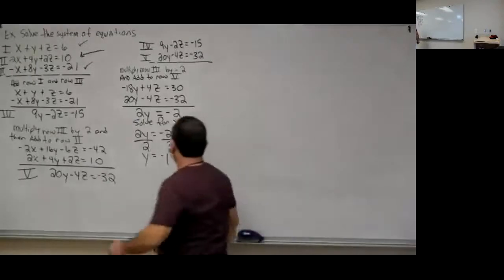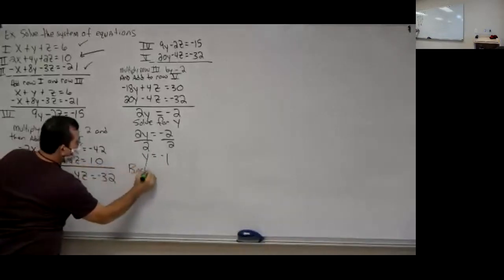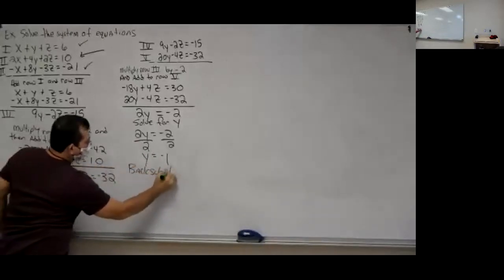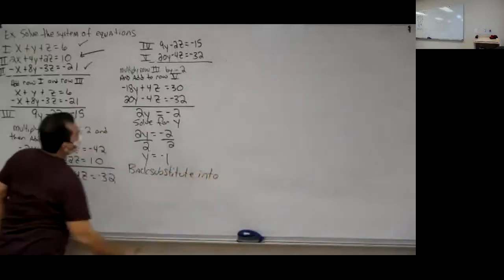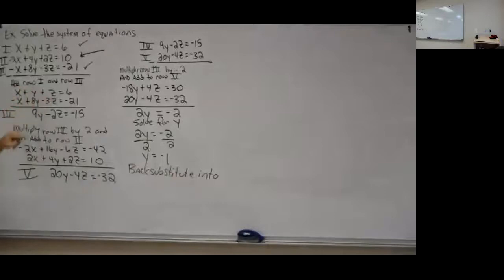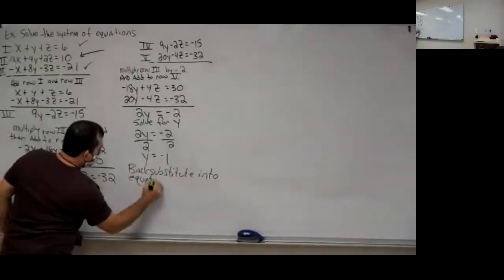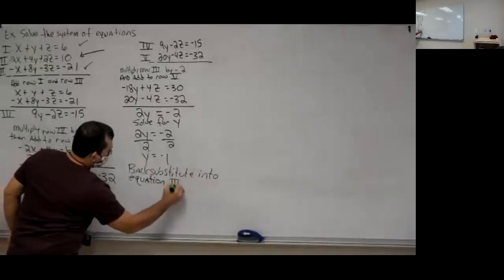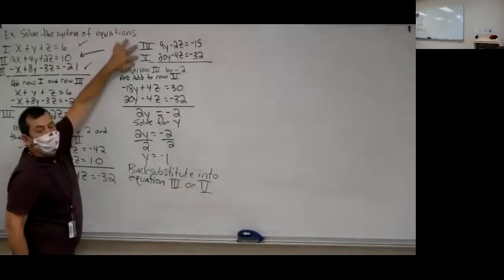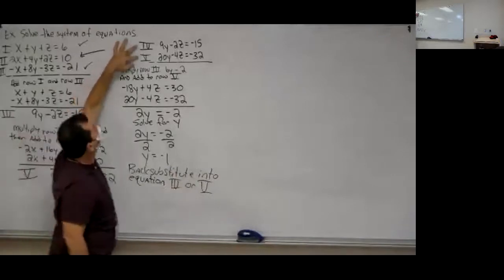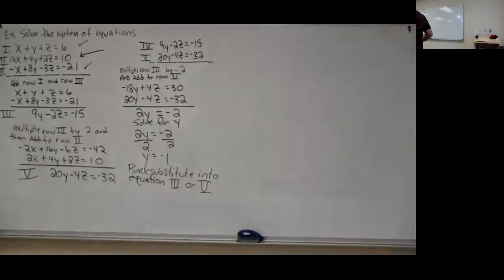All right. So this has now got to back substitute into equation 4 or 5. So that was these two equations right here, 4 and 5, right? Which one looks easier for y'all?